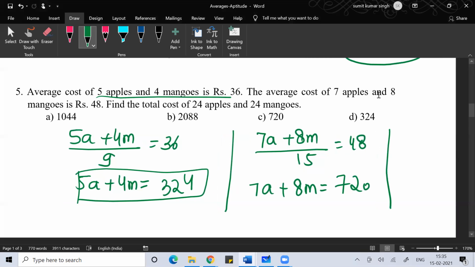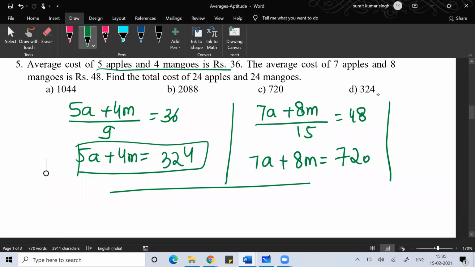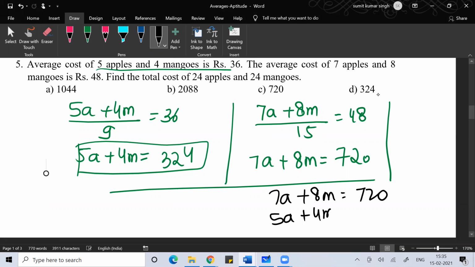So now you can write the two equations. Well, 7a plus 8m is equal to 720 and 5a plus 4m is equal to 324. Okay, so they're asking you the cost of 24 apple plus 24 mango.